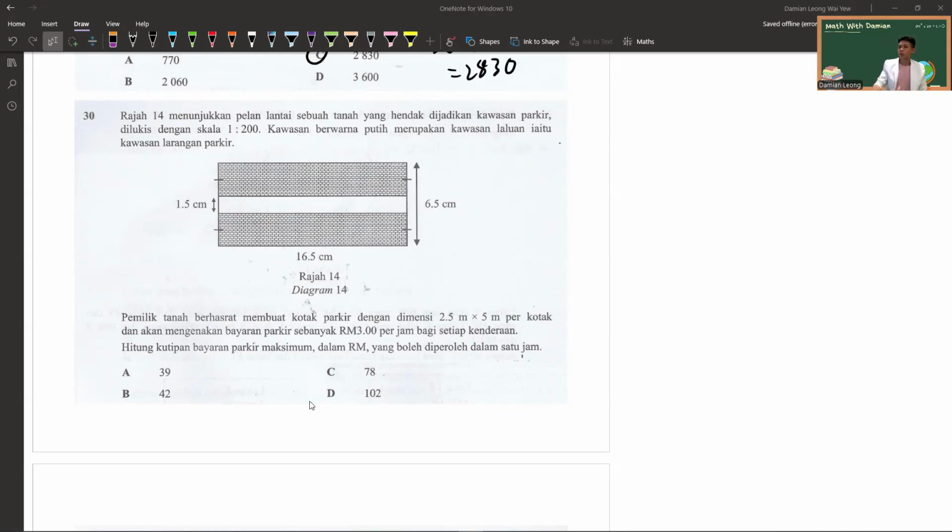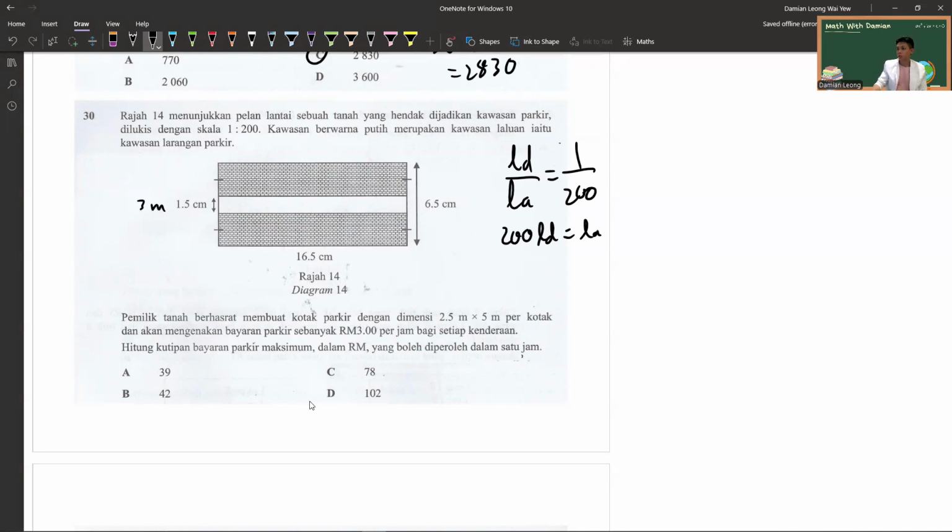So we convert each of these measurements according to the scale. So drawing length over actual length is equals to the scale. Means 200 times the drawing length equals to the actual length. If I take 200 times 1.5 cm means 300 cm, which is 3 meters. Yeah.